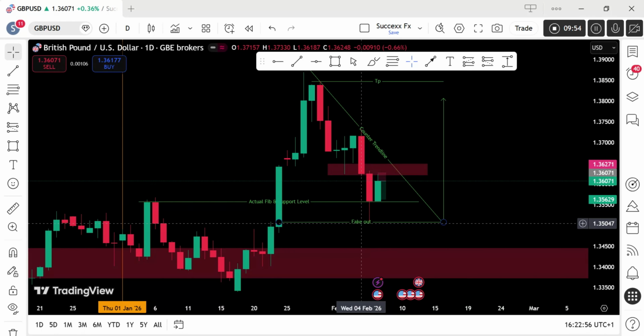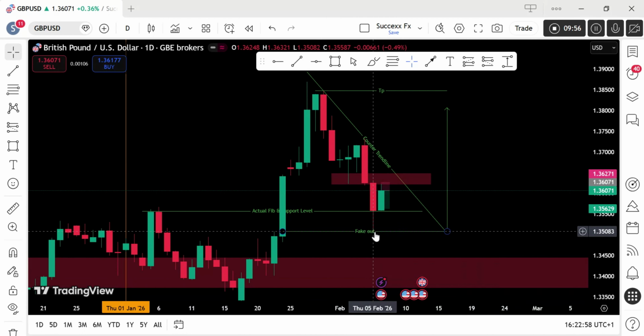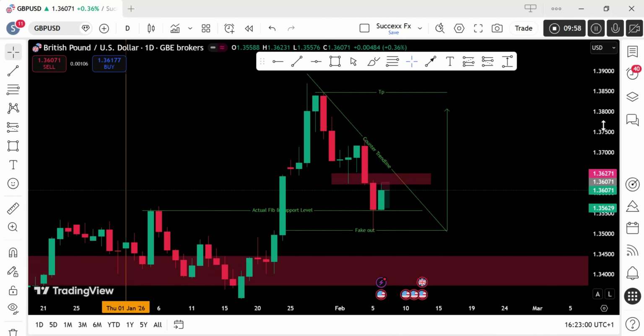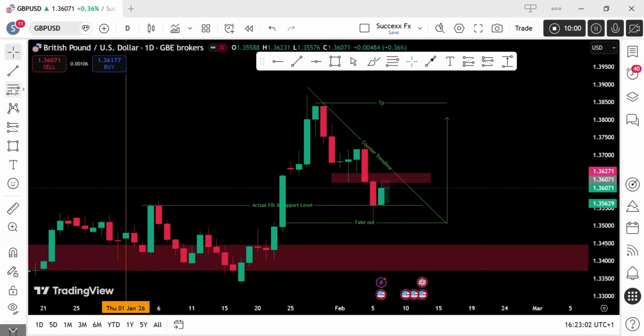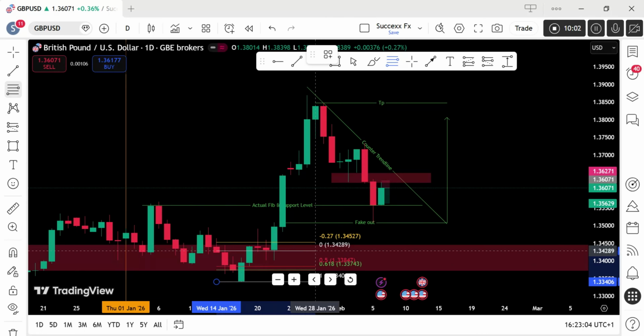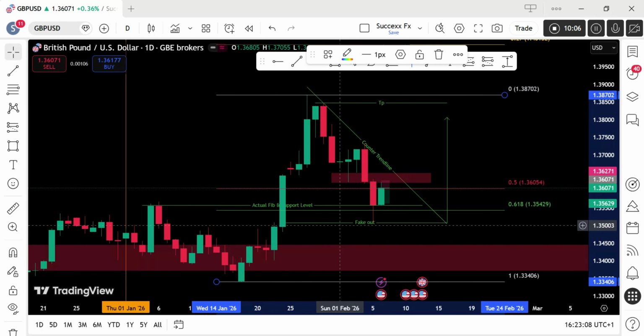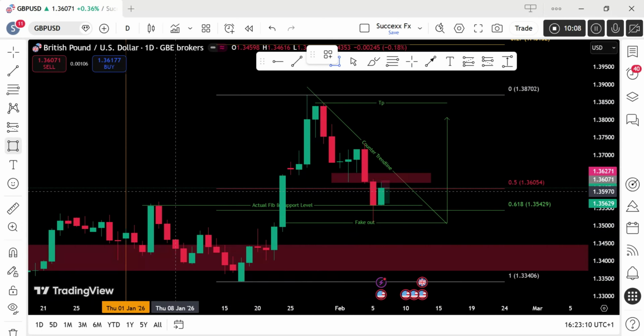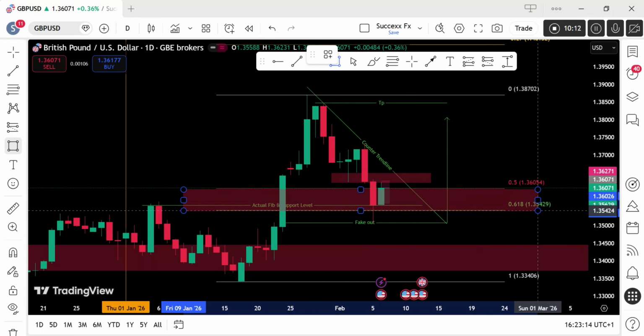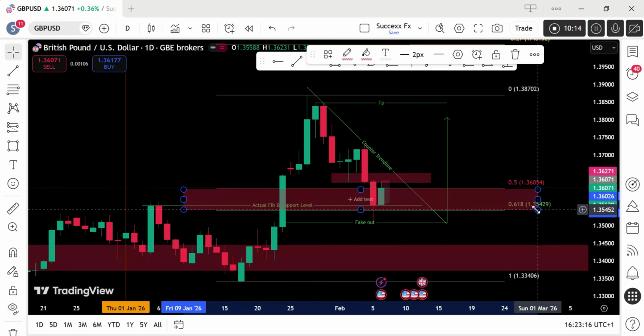The reason why you see me put a fake out here is because when you draw your Fibonacci from swing low to swing high, you'll find out that this is our Fibonacci level. You see that this candle closed inside this Fibonacci zone, and then the wick came out.